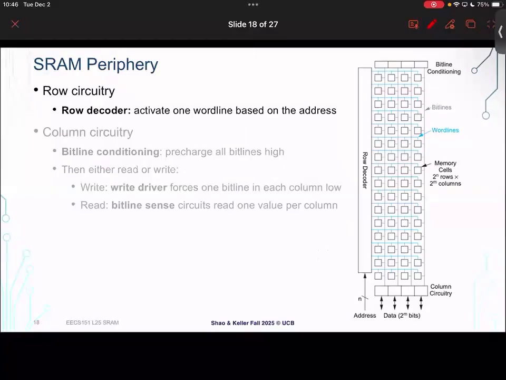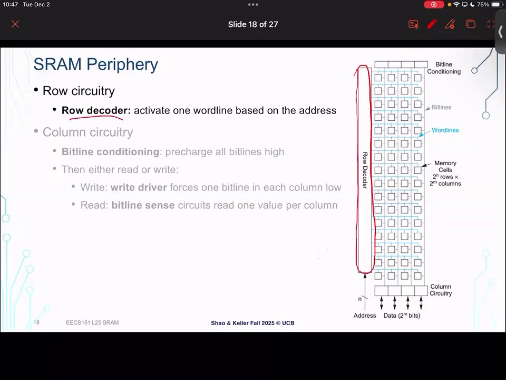So today we're going to talk about the row decoder, the row circuitry, which is arrayed along the vertical axis, the left-hand side of the array. The schematic-ish cartoon you see here is very similar to what a real SRAM layout looks like: an array of bit cells in the middle, and periphery circuitry around the edges in a rectangular pattern.